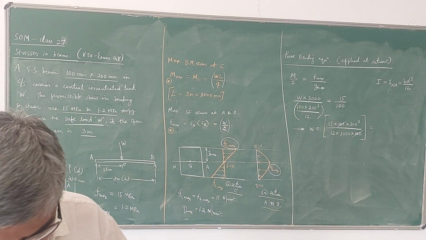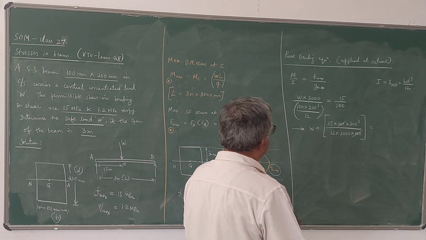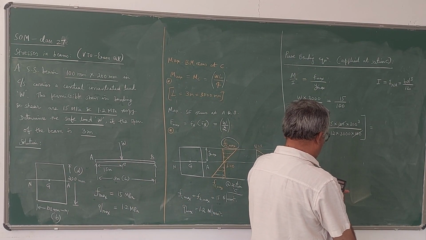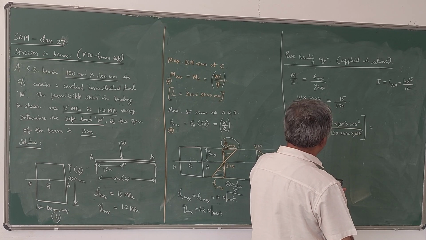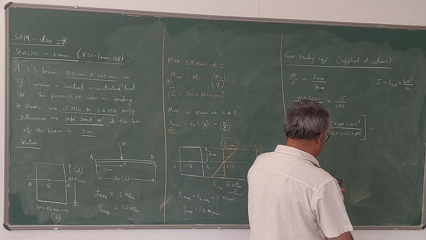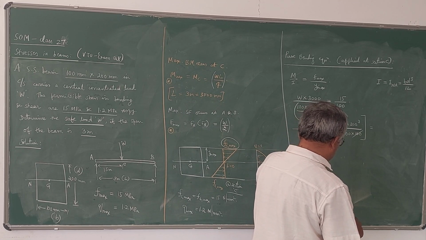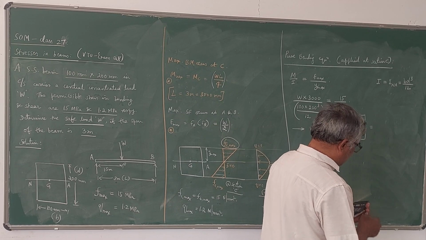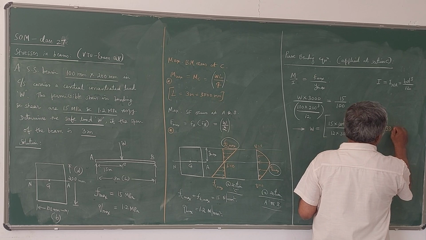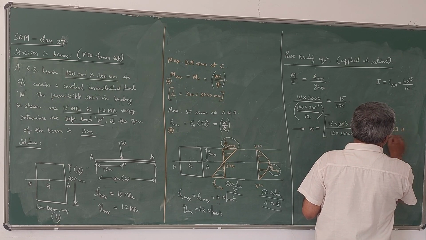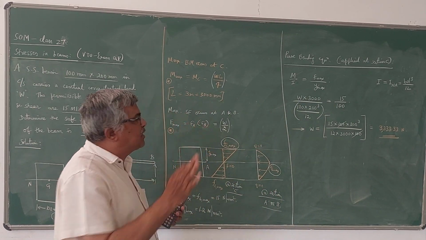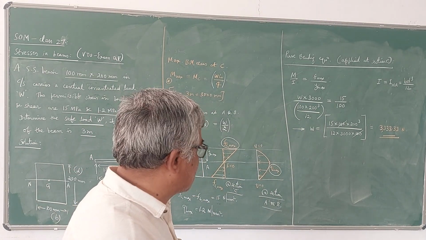So if I simplify this, I will get W as 15 into 200 cube divided by 12 into 3000. So you are getting 3333.33 Newton. So W is 3333.33 Newton. This is from the consideration of bending stress.